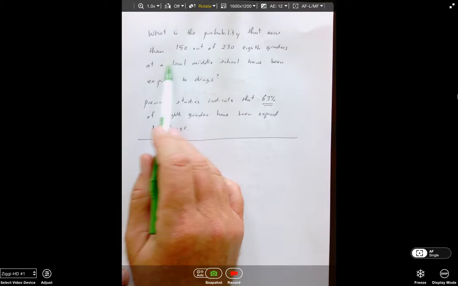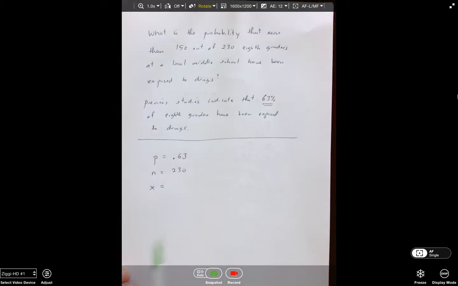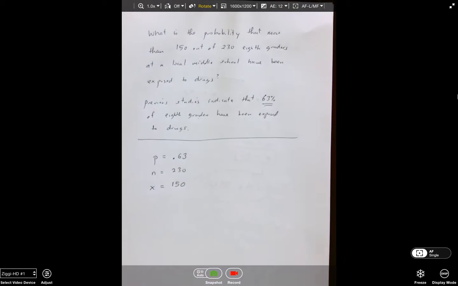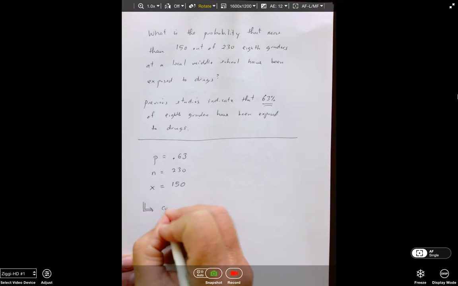So again, this problem, the success, is having been exposed to drugs. So we have 150 that were exposed to drugs out of the 230. First thing we have to do here is get the continuity factor.